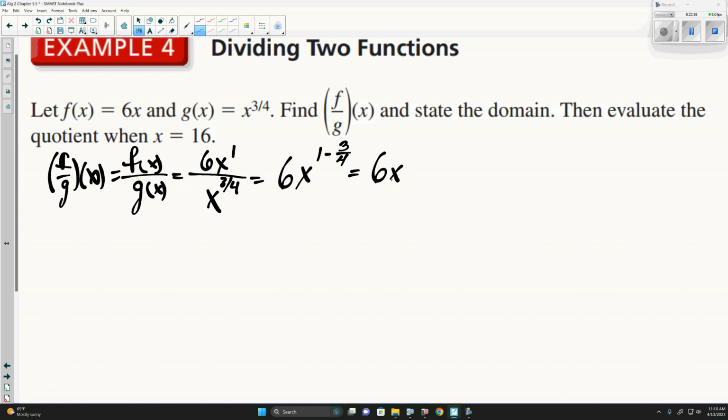It is 1/4. So for this one here, we would need to simplify because we're not changing the denominator out of radical form. So we get this here. So f divided by g of x is 6x to the 1/4.